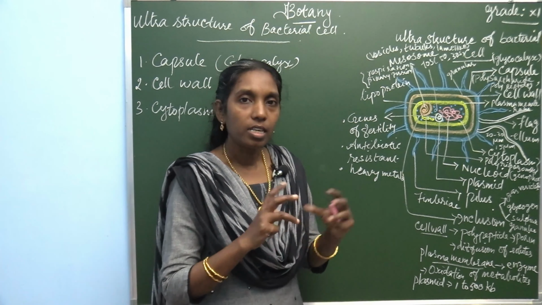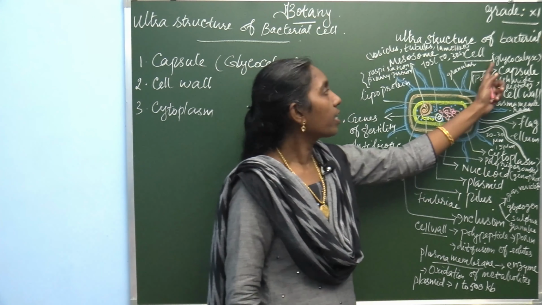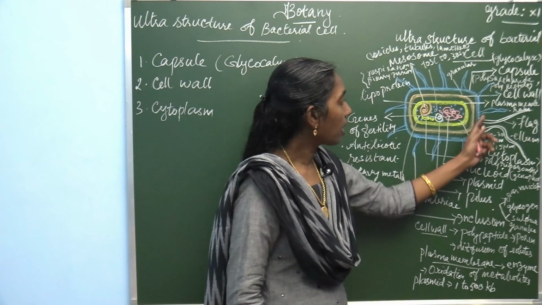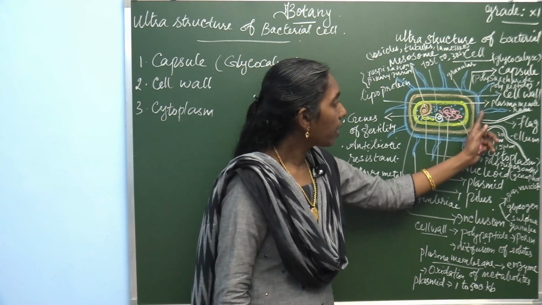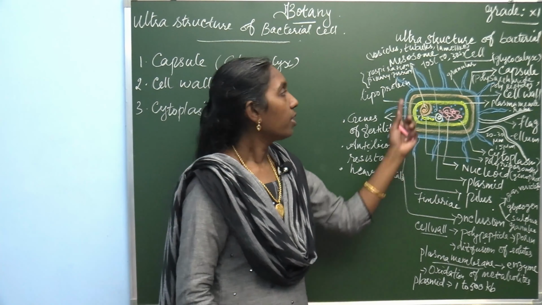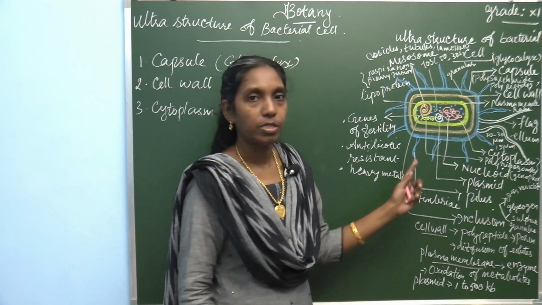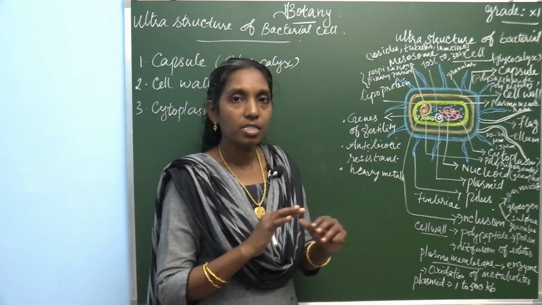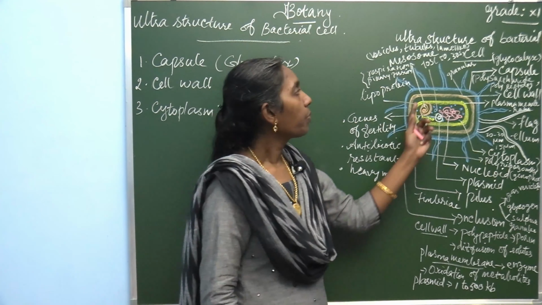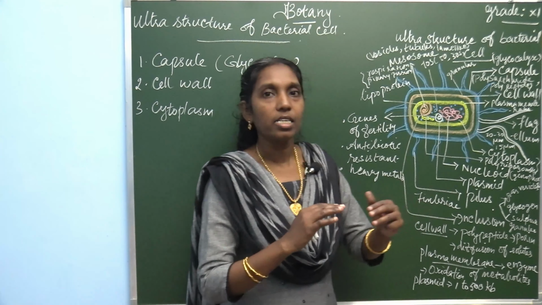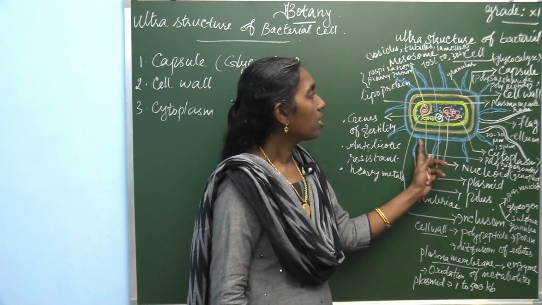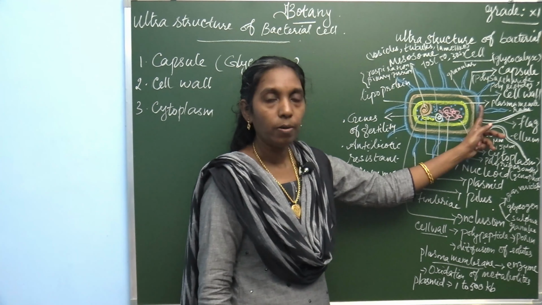There is a thick layer of glycocalyx surrounding the cell wall, outer to the cell wall. That part is known as capsule. So it's a gelatinous substance, a thick gelatinous substance, glycocalyx, which surrounds this bacterial cell.